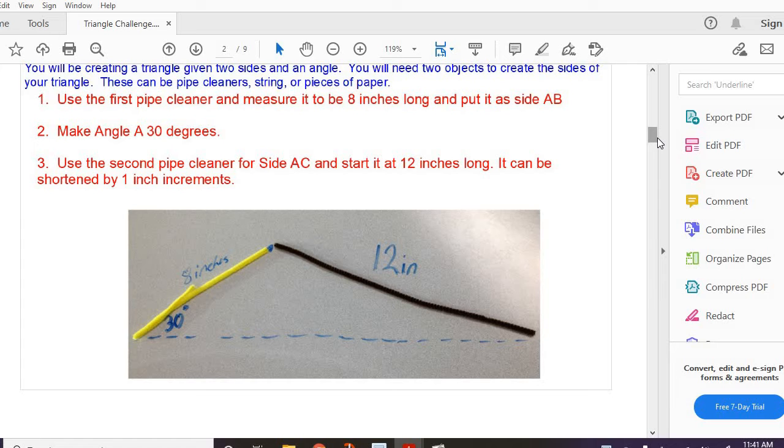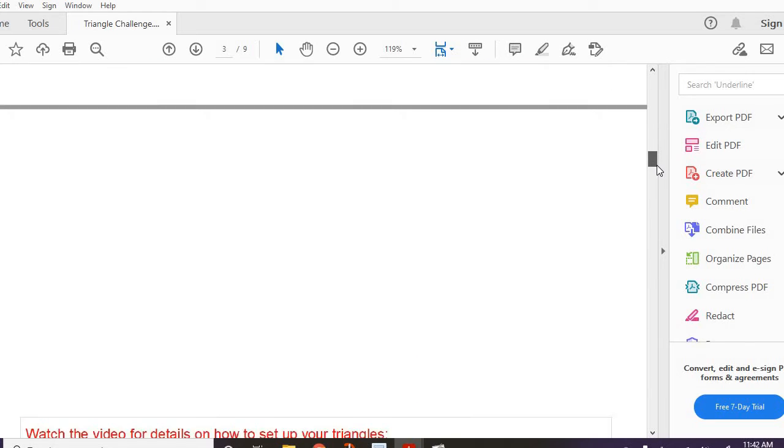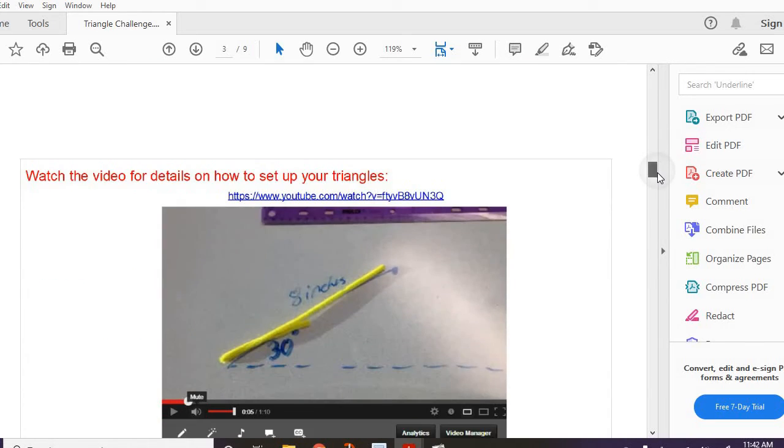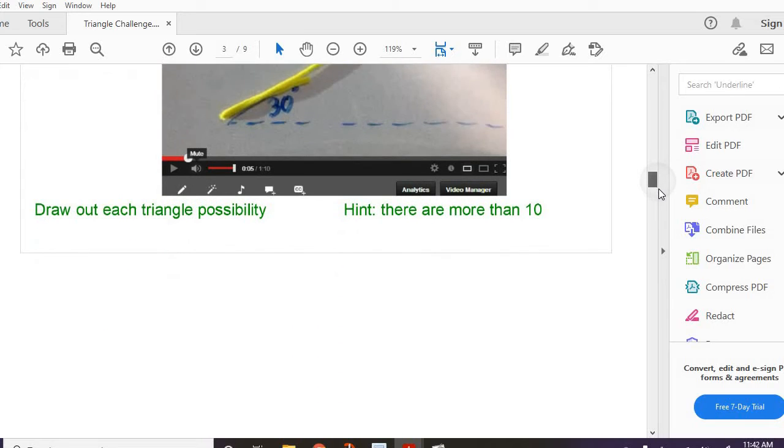The bottom part doesn't really matter. What they wanted you to look at is, depending on the length of this additional side, how many triangles can we create? They told you to start with 12 inches and then work your way down.